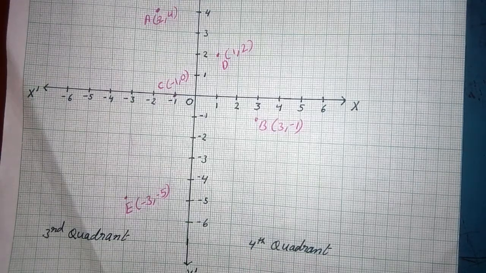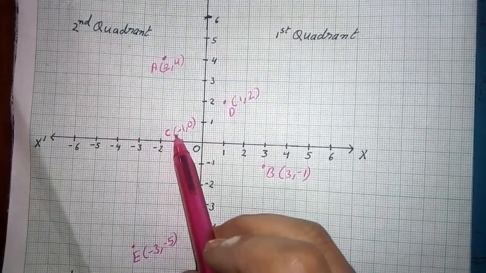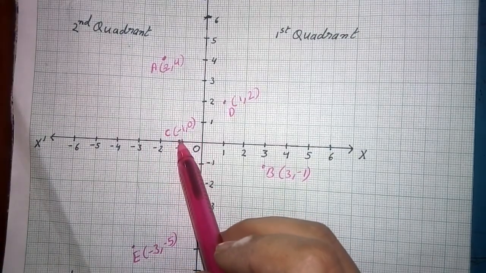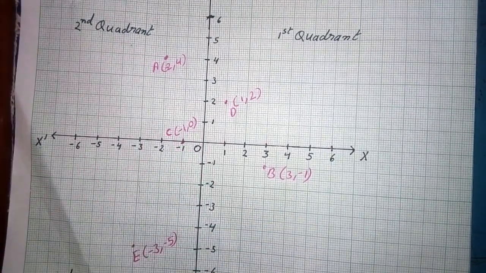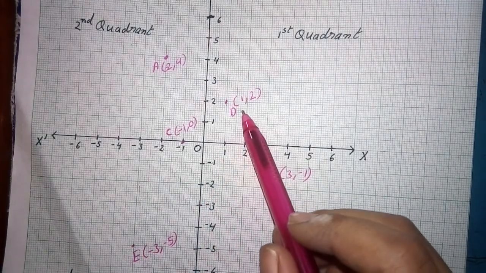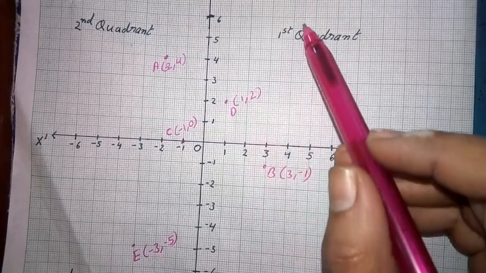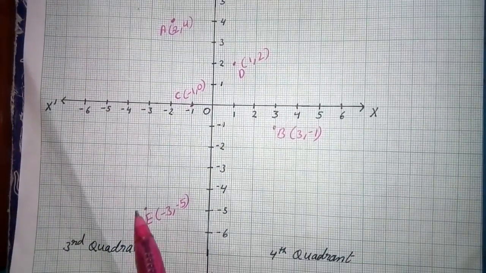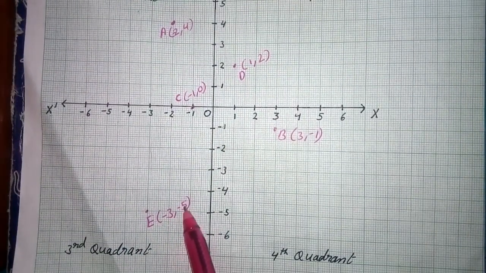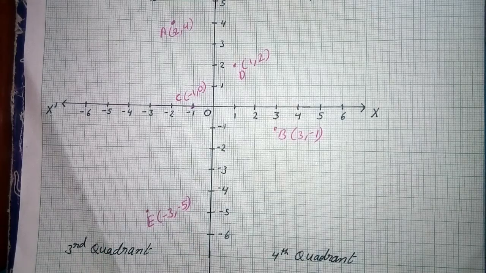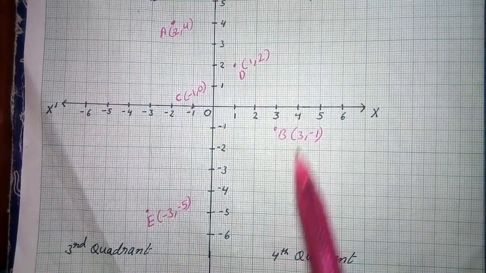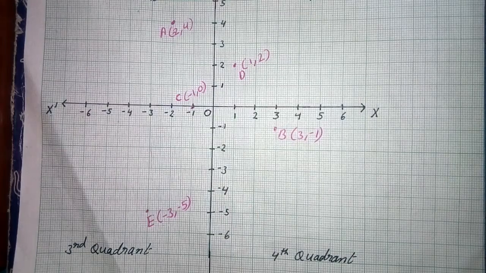Then the third point (-1, 0) lies on the negative side of the x-axis. Now the fourth point D, (1, 2), lies in the first quadrant. Then the last one, (-3, -5), lies in the third quadrant. Okay. So you have to write and locate all these points in your Cartesian plane.